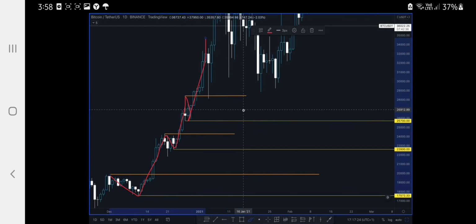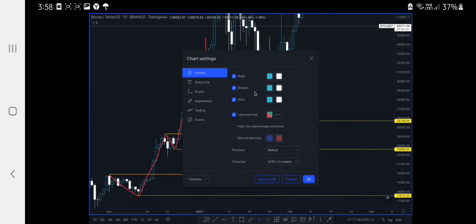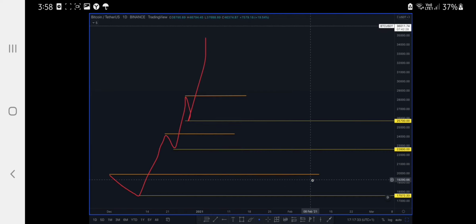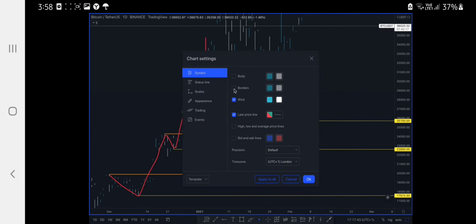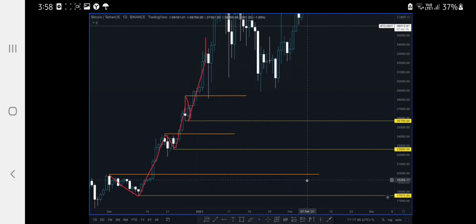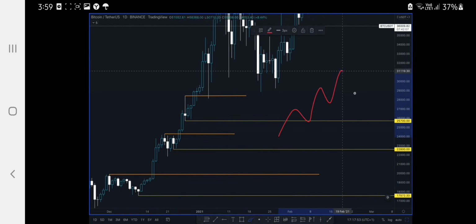That's a pretty poor drawing, but if I'm able to turn off my candles briefly, you can visualize that this is an uptrend. That's all you're doing with this. And it's just pattern recognition to be able to spot these highs and lows and to chart them out. So all you're doing is basically visualizing this. Okay, uptrend.